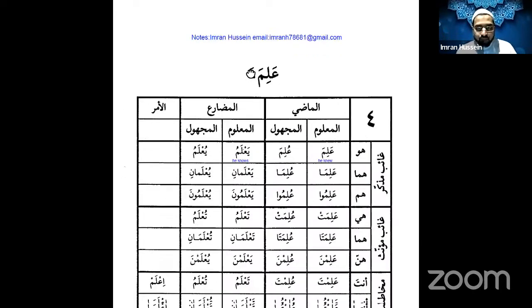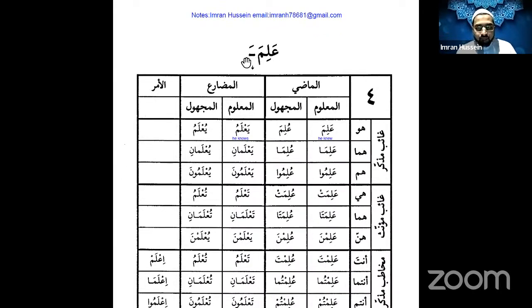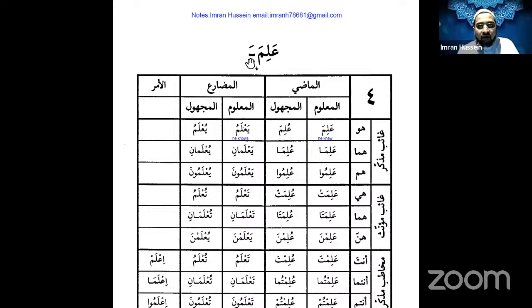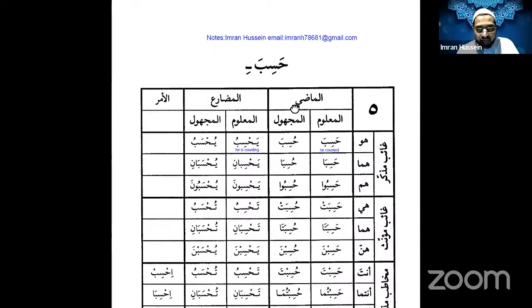Now, the next 2, alima, ya'lamu. Alima, ya'lamu. Now, what's happening? The middle letter is coming with a, bismillah, come on the mic. Kasra. Kasra. And the present tense is coming with a? Fatha. Exactly. The next one now, hasiba yahsibu.